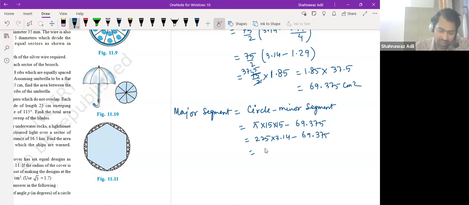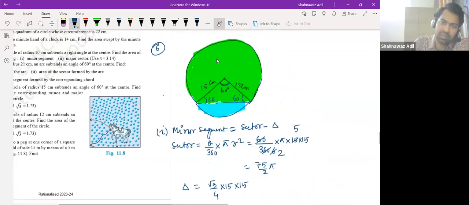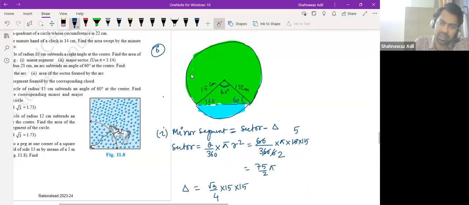So you guys will need practice, right? So 627.15 centimeters square. So these are your answers, right? And maybe there will be a calculation mistake, but this is how we calculate.